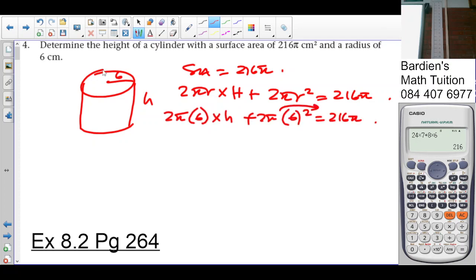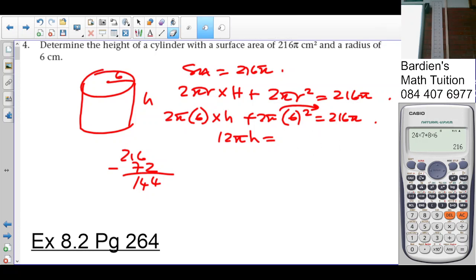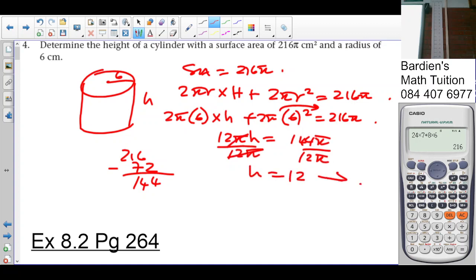So you move over the equal sign, so it's 2 pi 6h. 2 pi times 6 is going to be 12 pi h is equal to 216 minus 72 gives you 144, sorry, 144 pi. Divide both sides by 12 pi. It cancels, so h is equal to 12 centimeters in this case.